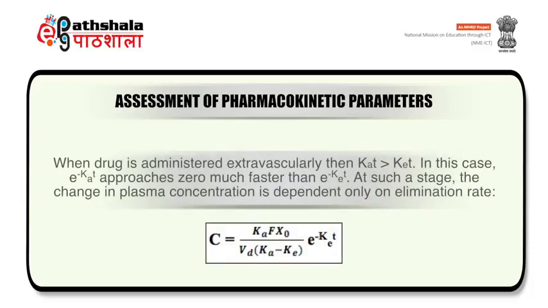When drug is administered extravascularly, then absorption rate is significantly greater than the elimination rate, that is Ka is greater than Ke. In this case, e to the power minus Kat approaches 0 much faster than e to the power minus Ket. At such a stage, when absorption is complete, the change in plasma concentration is dependent only on elimination rate, and hence you get a multi-exponential equation.